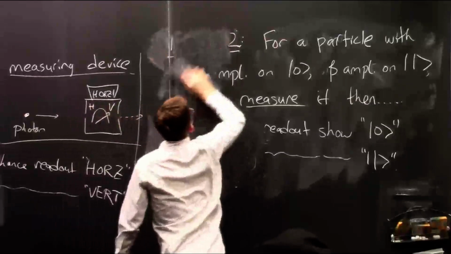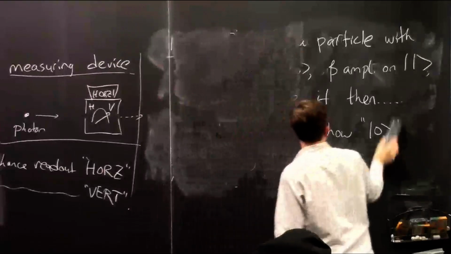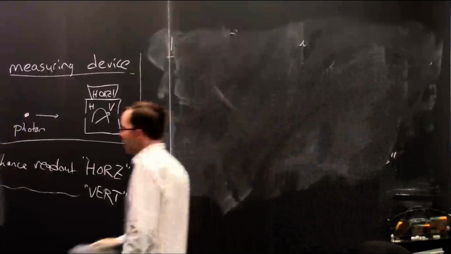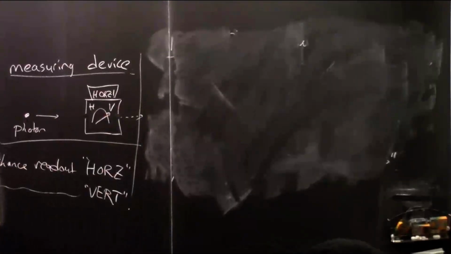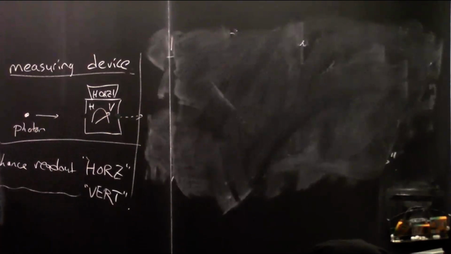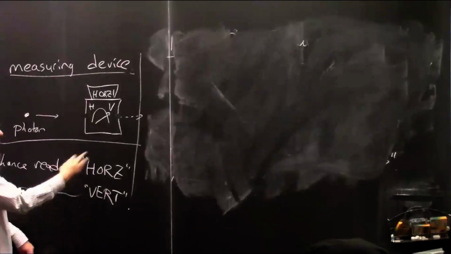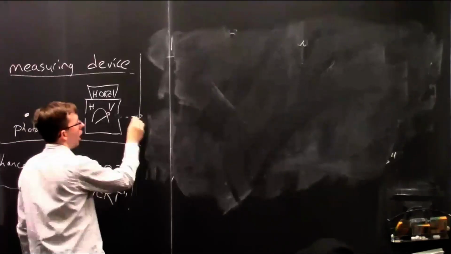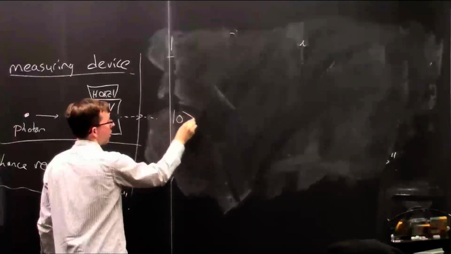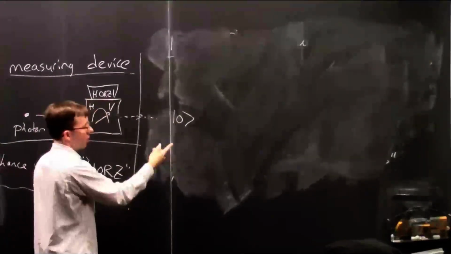Okay, good. So let's draw a little picture to illustrate Alp's question. Let's say we had the photon that was in this state, and we passed it through this measuring device, and it happened to be the case, and this is the 64% chance, that the measuring device said horizontal. Then, at this point, the photon state is what's sometimes called, in short form, just 0.